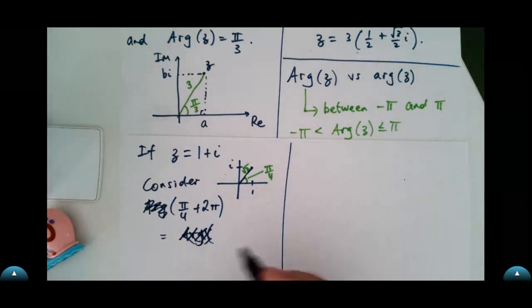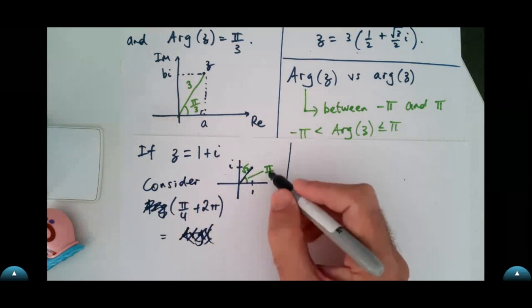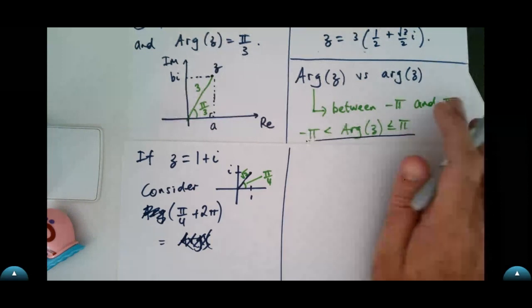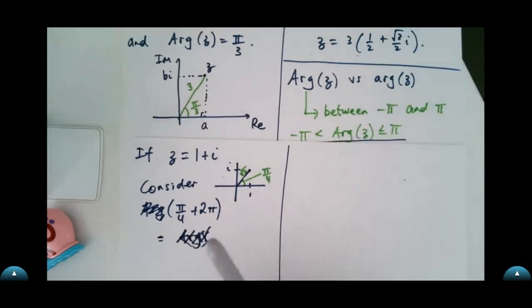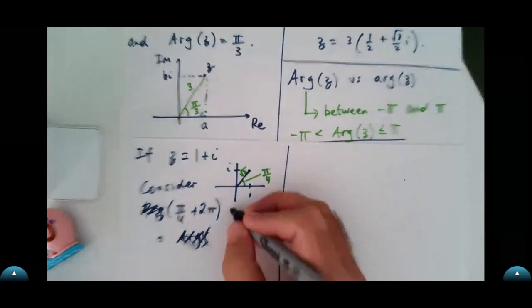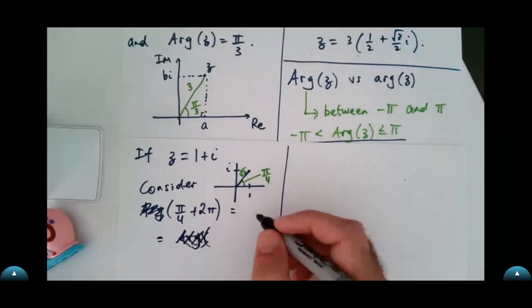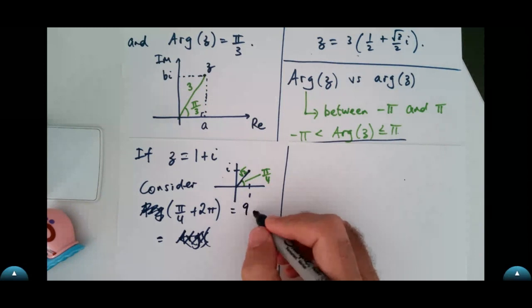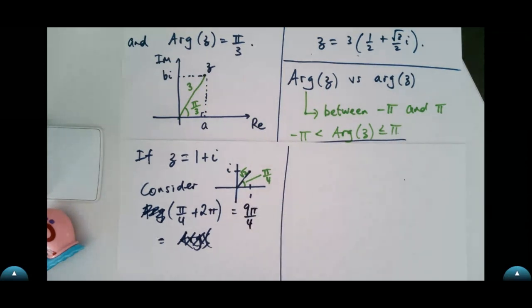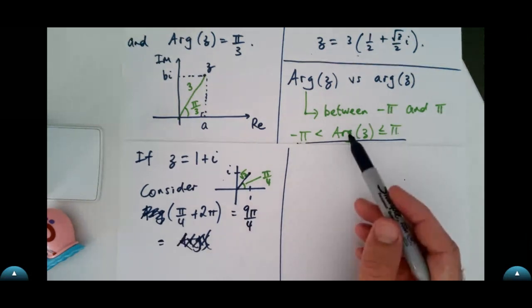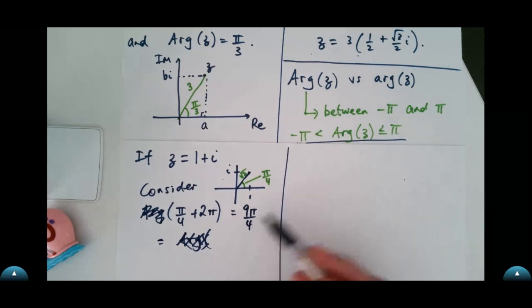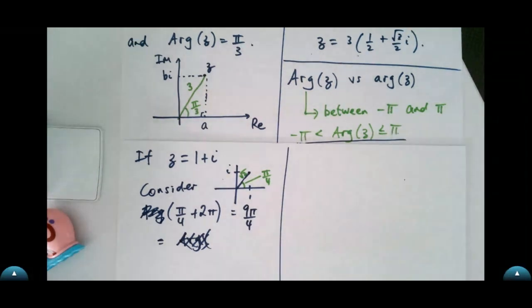So if I want to take the principal argument here, it's going to be the value that's between negative pi and pi, right? So it doesn't make sense to take the principal argument and end up with a value like that, because that is not between negative pi and pi.